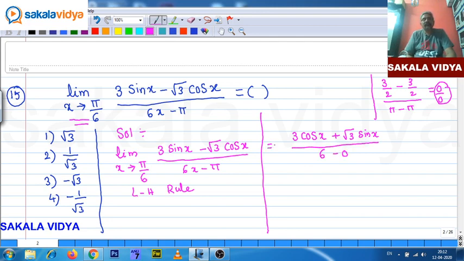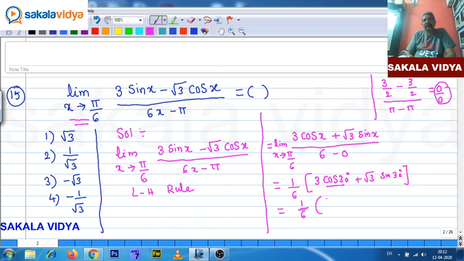Now the limit x tends to pi by 6 needs to be applied. So now the 1 by 6 is common out. We have 3 cos pi by 6, that is 30 degrees, plus root 3 sin 30 degrees. Okay, so this is 1 by 6.